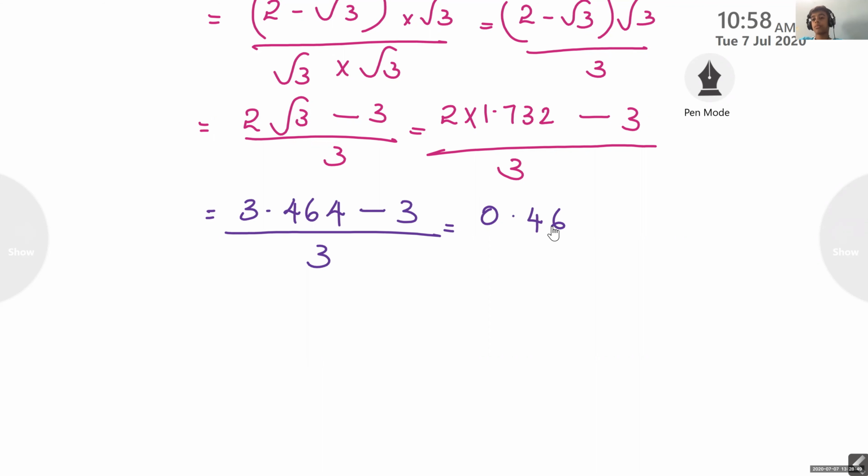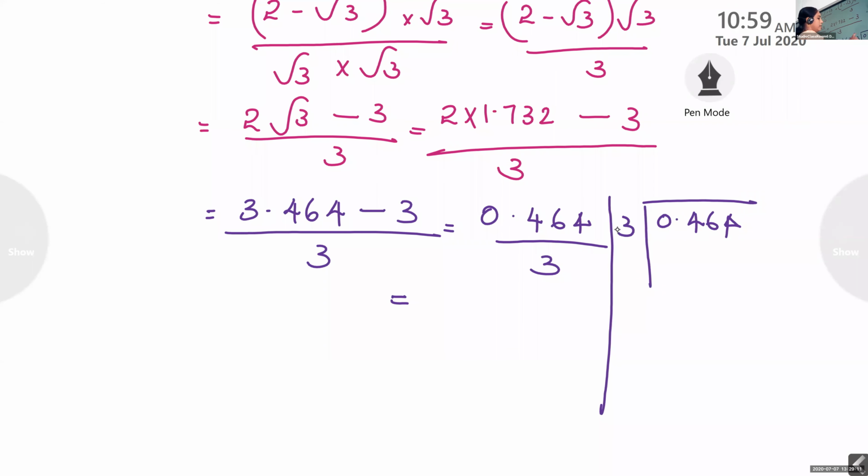0.464 divided by 3. Then do the division again. 0.464 divided by 3. 0 again. 4, 1 time, 3. 16, 5 times, 15.